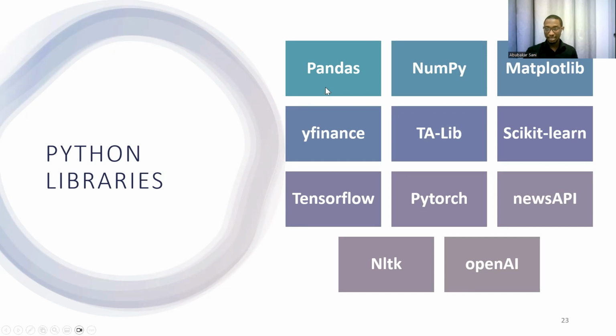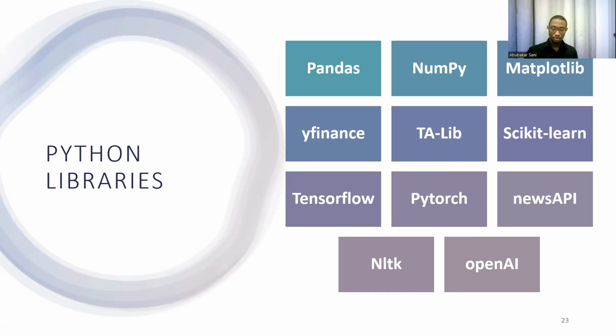Some of those libraries include pandas, which is for data analysis. NumPy is for numerical computation. The Matplotlib library is for visualization. If you want to print some charts or graphs, you use Matplotlib. The Yahoo Finance library gives you access to the market.